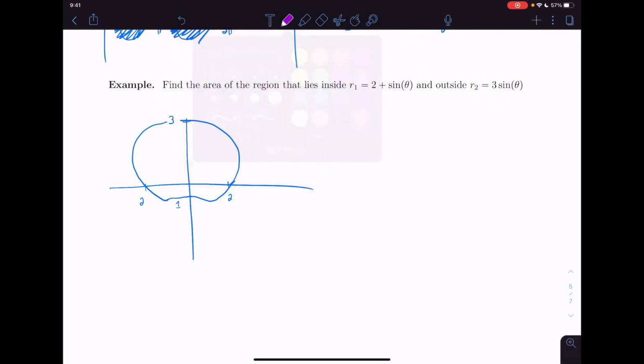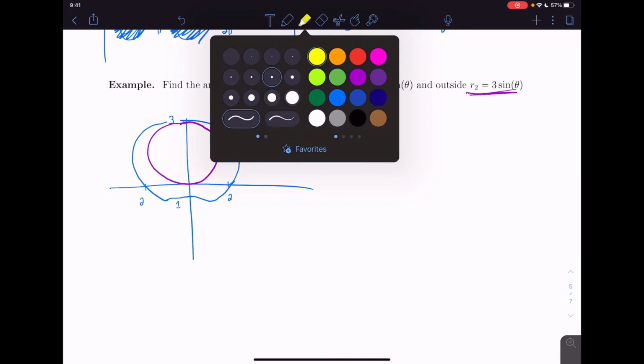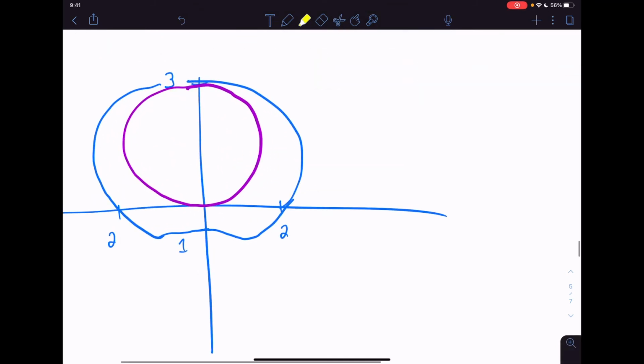So that, if I underline that in purple, that's going to be this circle right here. And so for this, what I want is to know the area inside the dimple but outside the circle. And so if I zoom in here, that's going to be this region right around here.